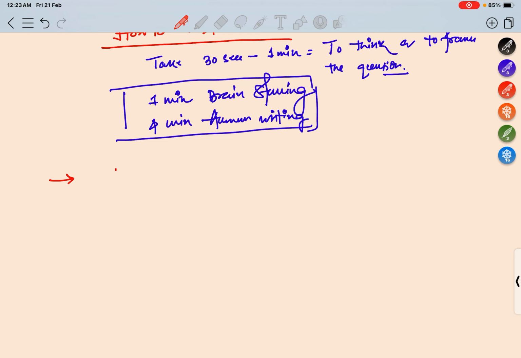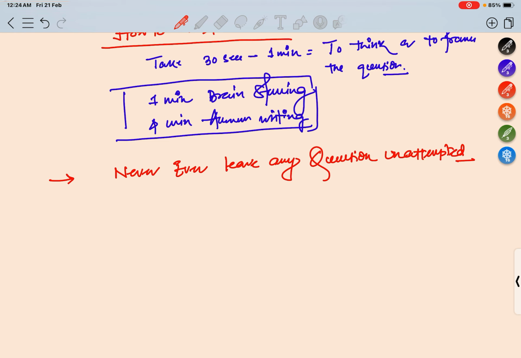And one more thing, never ever leave any question unattempted. It is understood that if someone has answered the whole paper, it doesn't matter how good the quality of answers he has written, but just by attempting 100% of the question paper, the chance of getting selected is increased by 80%.